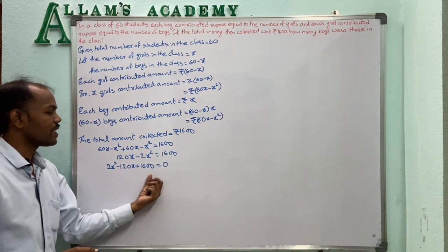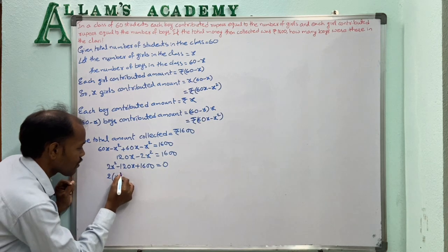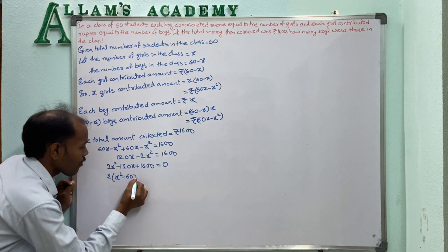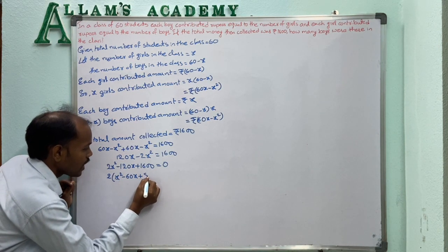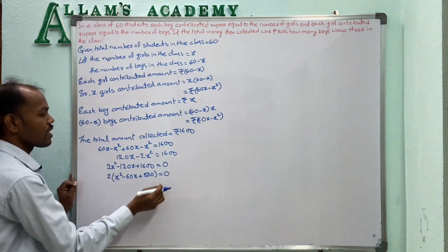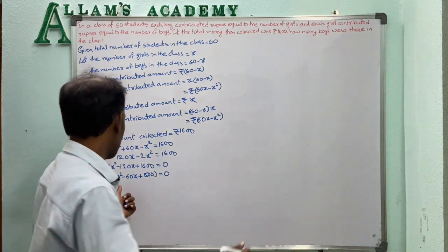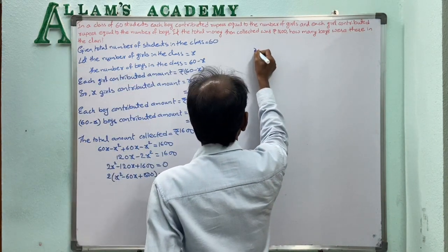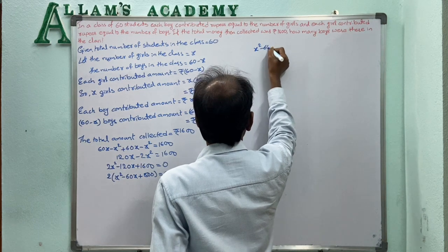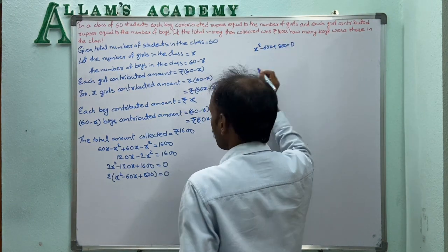So taking 2 common, 2 into x square minus 60x plus 800 equals 0. Now the multiplication is transferred to the other side as division, 0 by 2 equals 0. That means x square minus 60x plus 800 equals 0.